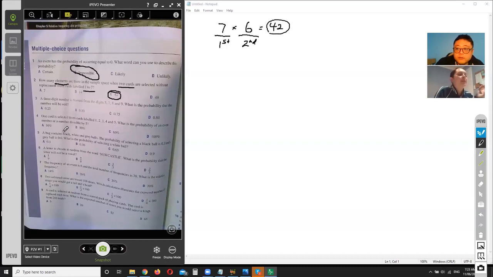Without replacement, okay. A 3-digit number is formed from the digits 5, 7, 8, and 9. What is the probability that the number will be odd? So you've got 5, 7, 8, and 9. How can you work this out? Any ideas?